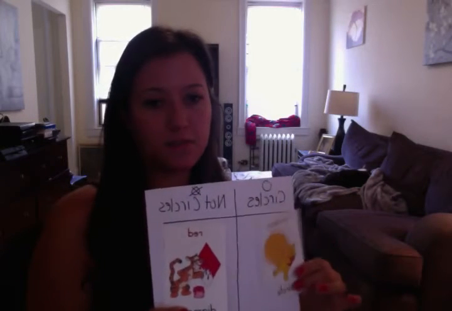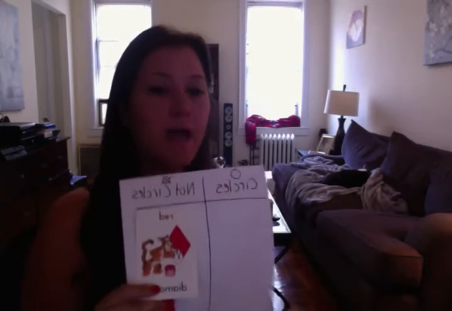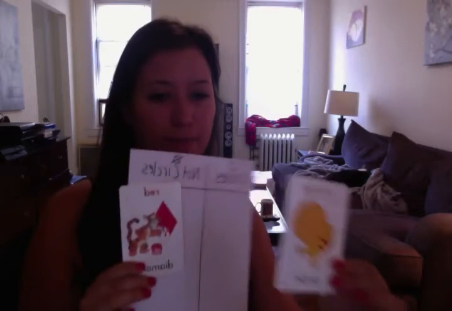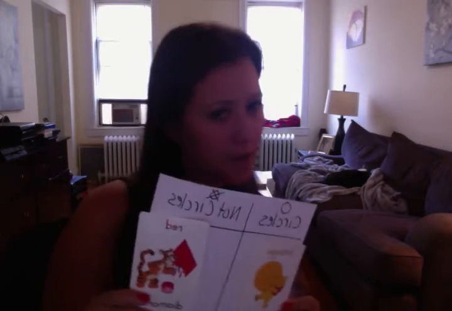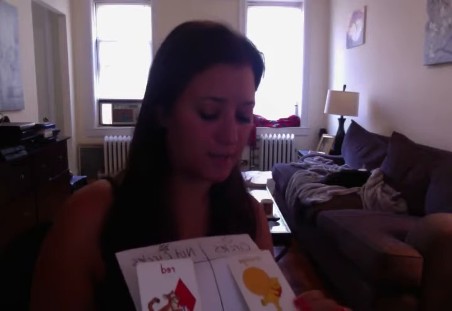Once the student has placed it in the right spot, I would hand them the cards and let them do it on their own as I watch. And I can always stop to ask, if a student put this here, I would say, okay, why did you put that shape under circles? And I would prompt them to explain it.